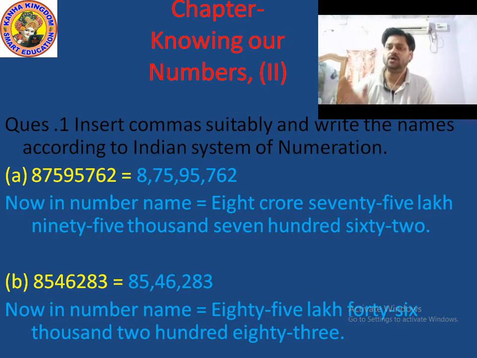So you just count from the right hand side. First start with the ones period, and in the ones period 3 place values: ones place, tens place, and hundreds place. So now start from the right hand side.